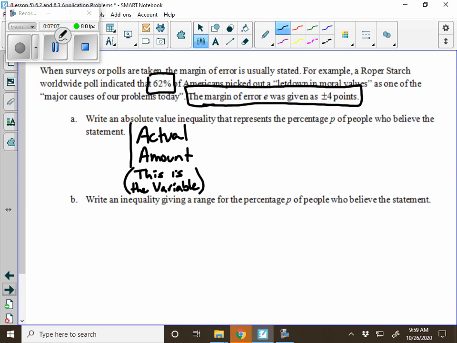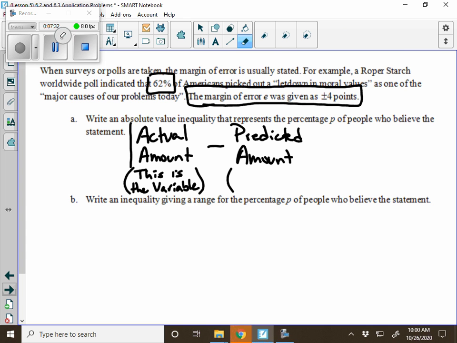This is where we're going to have x, or whatever we have to represent the variable, minus the predicted amount. That is what's within our absolute value.